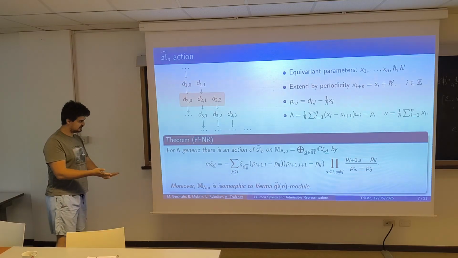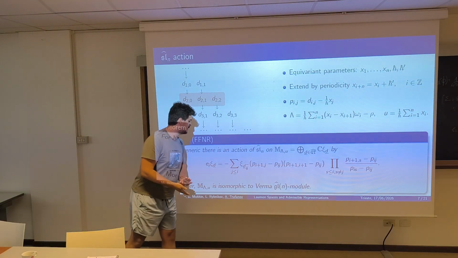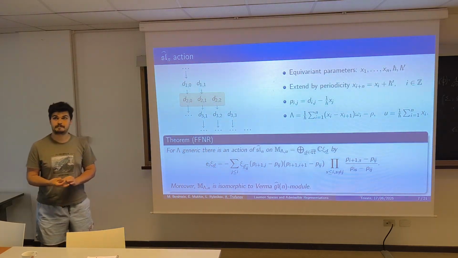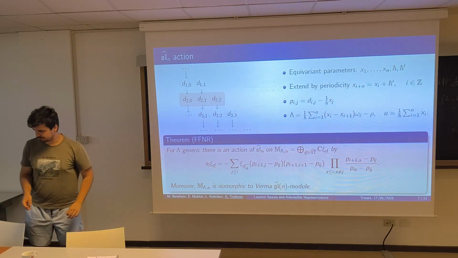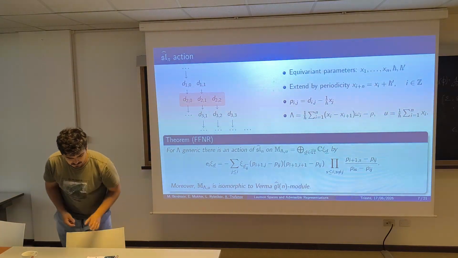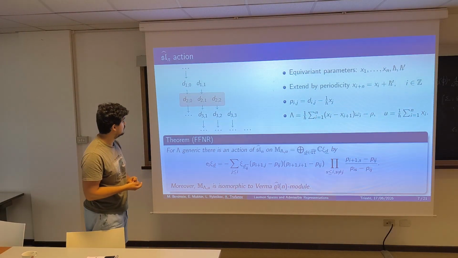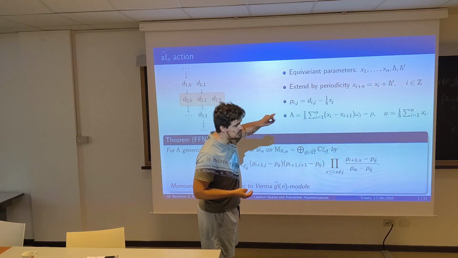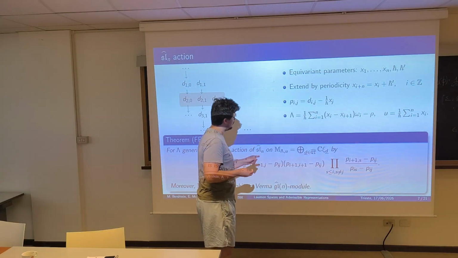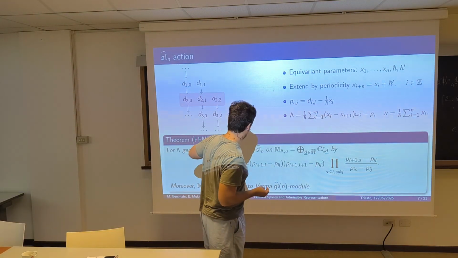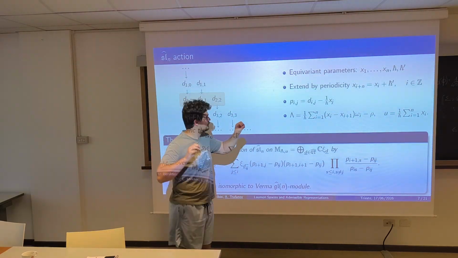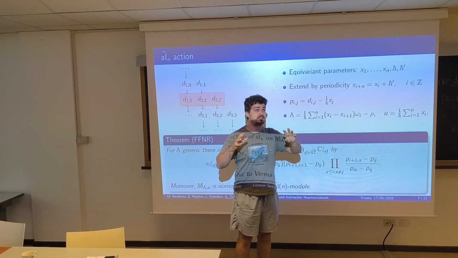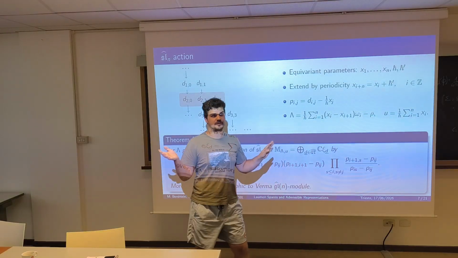In the end we have this module, and it appears that this module is just isomorphic to the Verma gl_N affine module. But you have some kind of deformation parameters in there. How do they enter the weights of the Verma module? You ask what is h bar. First of all, all this action is homogeneous: you can simultaneously dilate all equivariant parameters, and the action will not change.